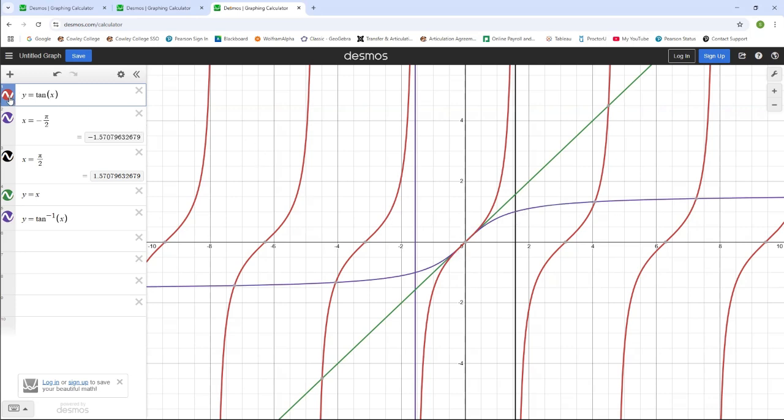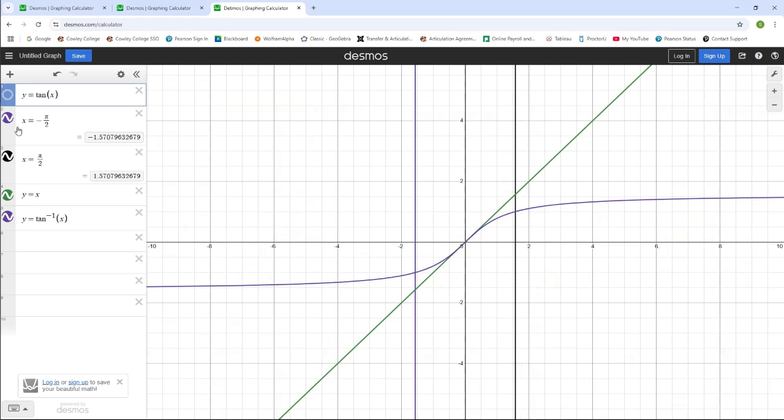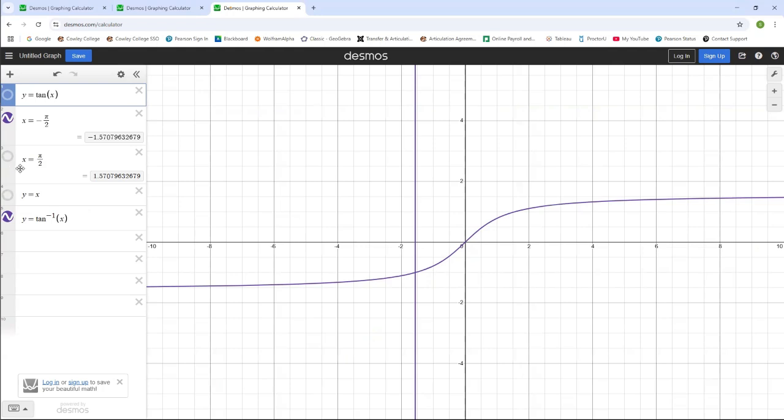So I'm going to turn everything else off. Okay, and we can see now that if my only graph showing is the inverse, here's a look at the inverse tangent.